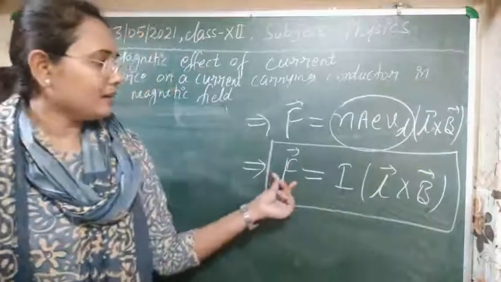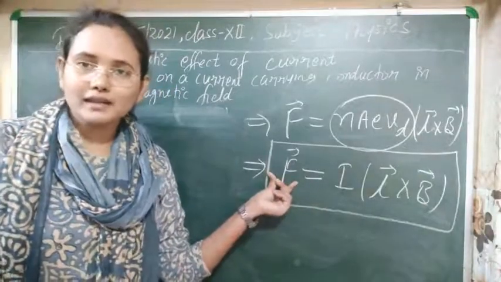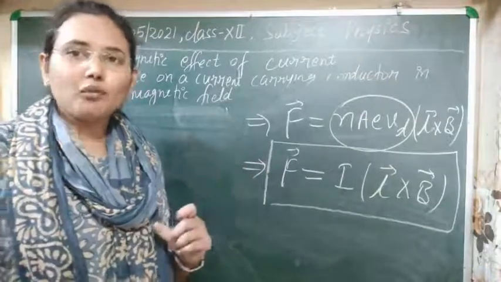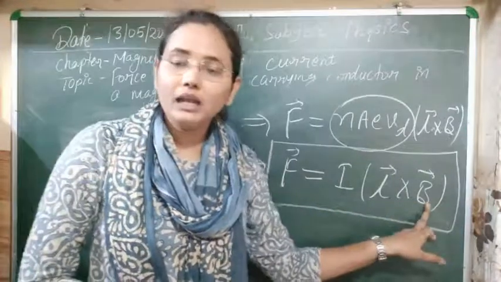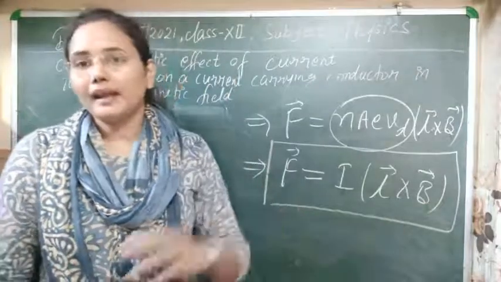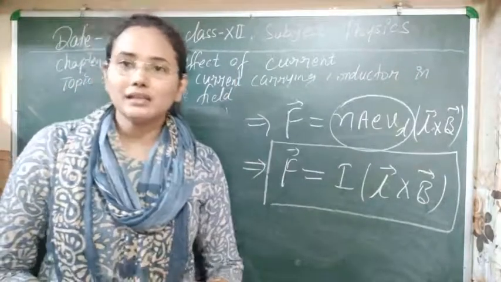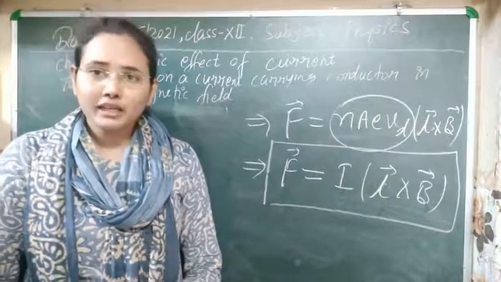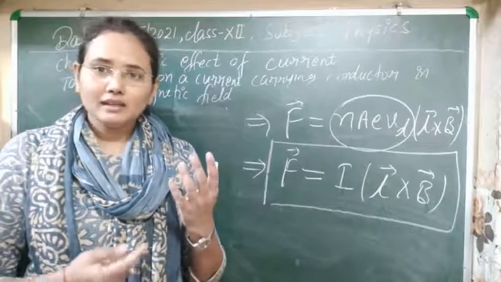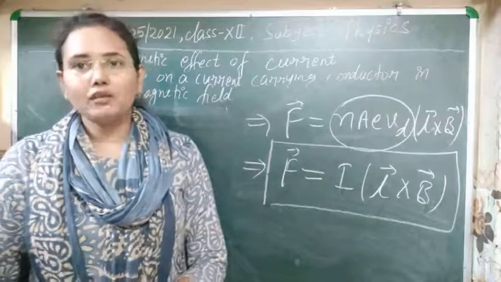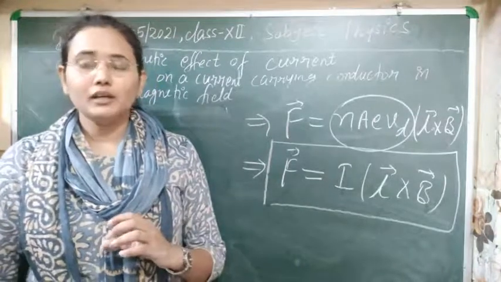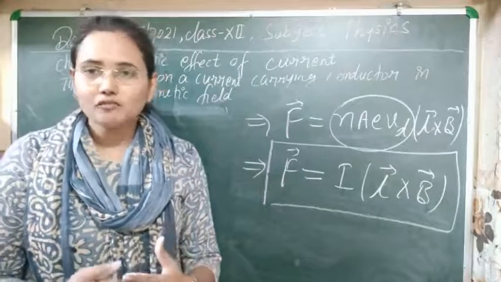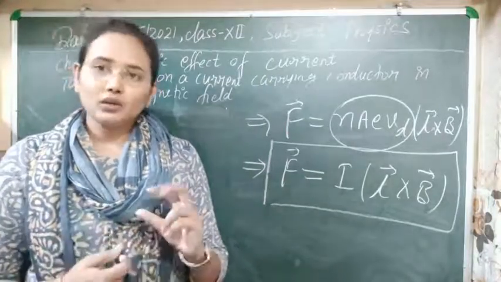So it means that the force experienced by the conductor will also be perpendicular to both the magnetic field and the current carrying element here, just like the concept we have discussed before for the charge. Means if any charge enters at a perpendicular angle to the magnetic field, then at that time it will experience a force that is also perpendicular to both vectors.